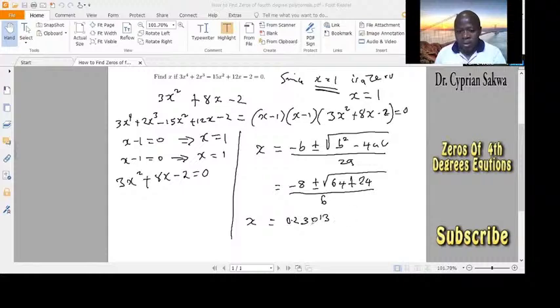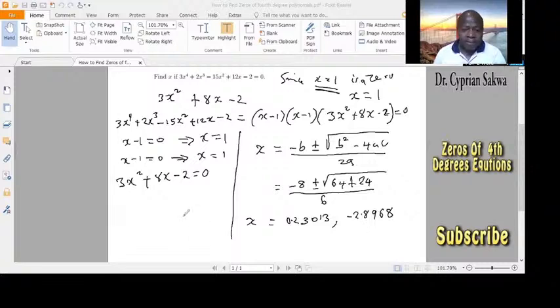It is a very long thing, but let me do it to 5 decimal places. The other value of x that I'm getting is negative 2.8968. That is a very long value.